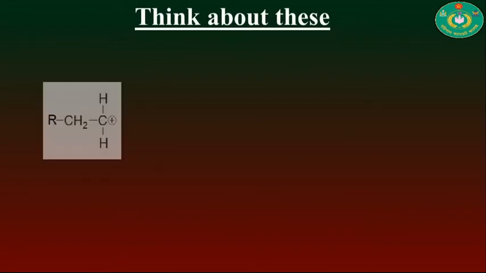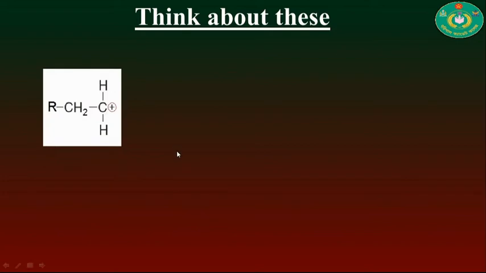So cadets, think about the following example. Which one is more stable? Consider this example. Here we see that only 1 alkyl radical is present, so this is 1 degree carbocation.